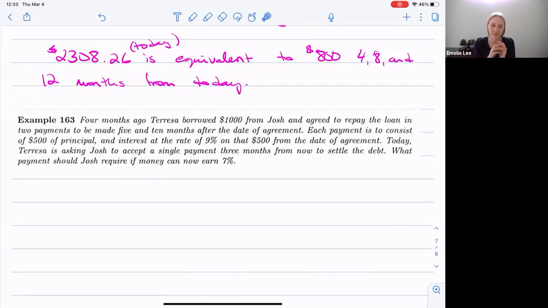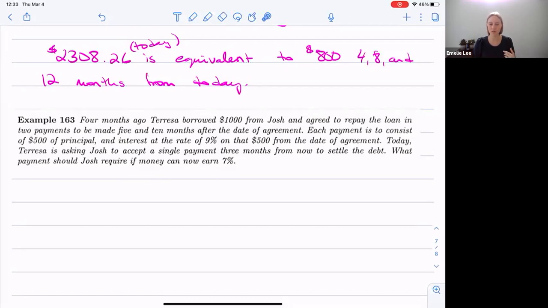So now, today, Teresa is asking Josh to accept a single payment 3 months from now to settle the debt. Ugh, okay, what a mess. What payment should Josh require if money can now earn 7%? Okay, so now there are so many pieces in play here.